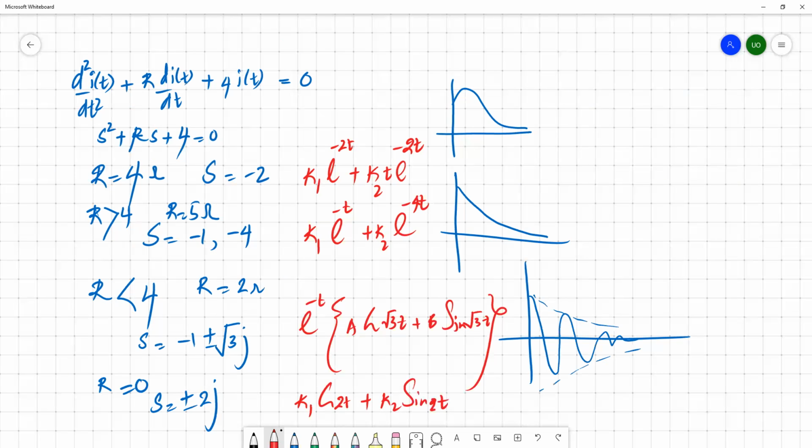So the response has changed to this one. So if you change the resistance value, this is the nature of the response.